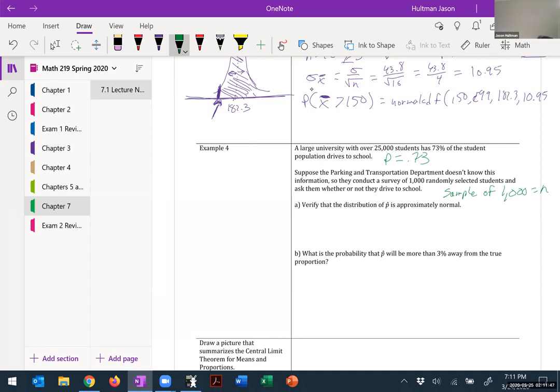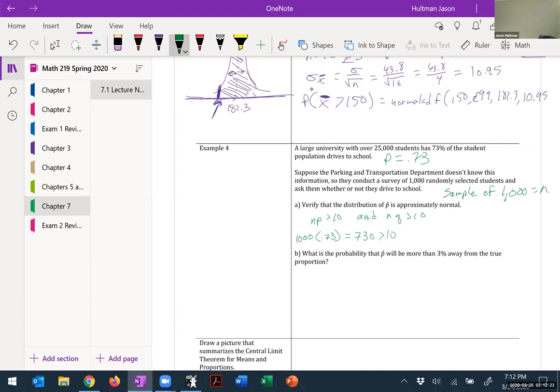Verify that the distribution of P hat is approximately normal. So is P hat approximately normal? Is N times P greater than 10? And is N times Q greater than 10? Our sample size N is 1,000, so we have 1,000 times P, which is 0.73. If I multiply that together, that's 730, which is certainly greater than 10. Now what about Q?